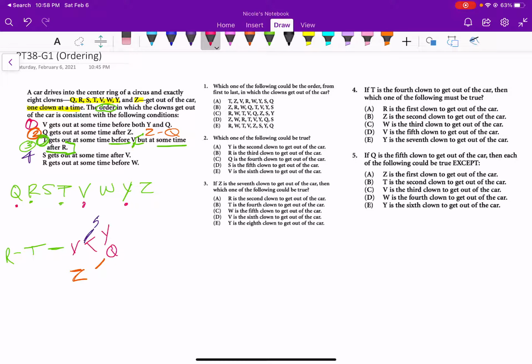Okay, and then our last rule, R gets out sometime before W. So I'm going to go right here and just say R gets out sometime before W.